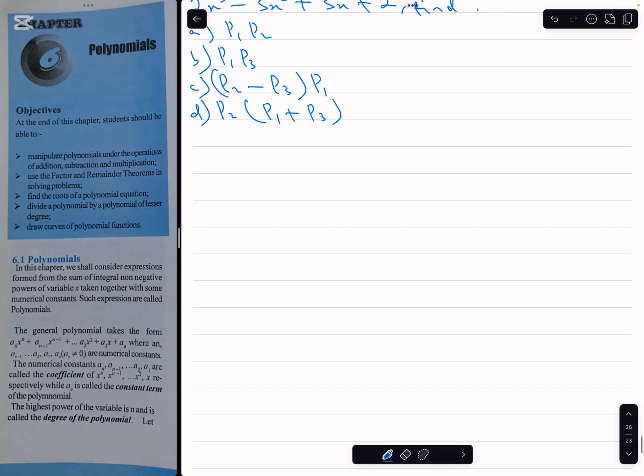Okay, let's take just one more. Number 3, given that p of x is equal to x cubed plus 4x squared minus 3x plus 1.